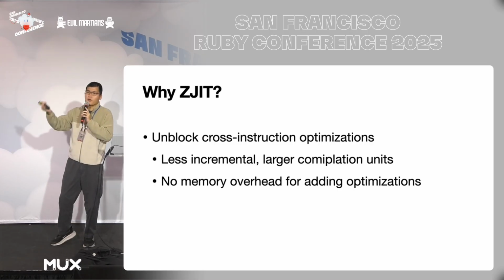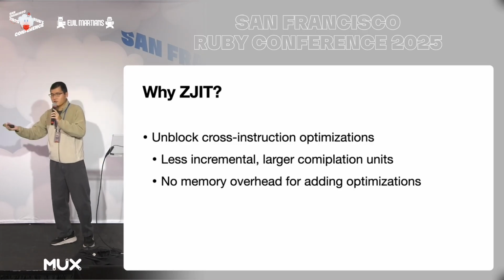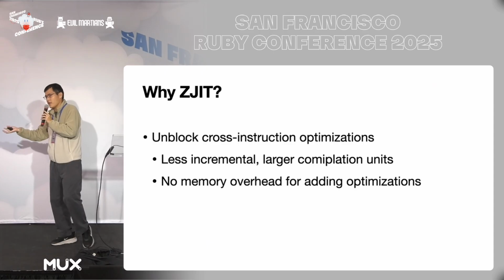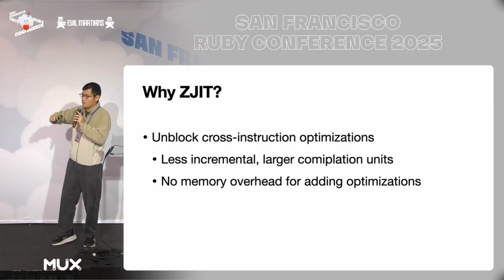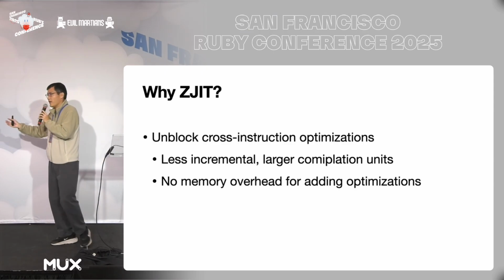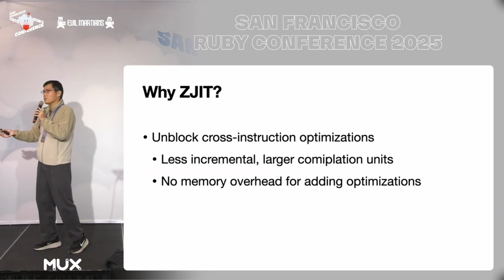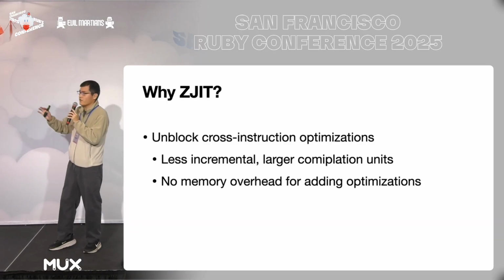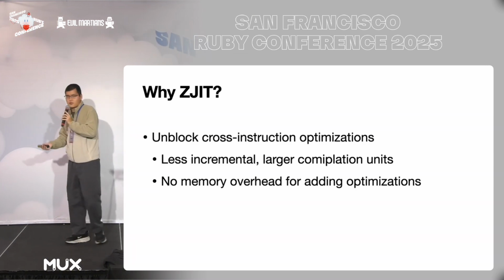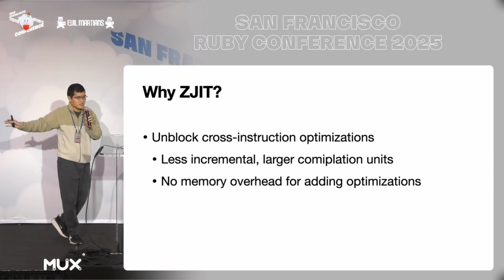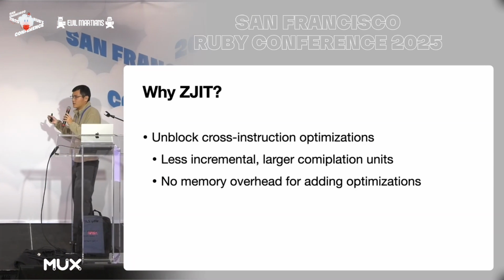If you have Ruby code that's spread into multiple basic blocks, and basic blocks are just blocks that don't have a branch, those basic blocks are optimized one by one, and with the YJIT design we can't easily optimize across different basic blocks.